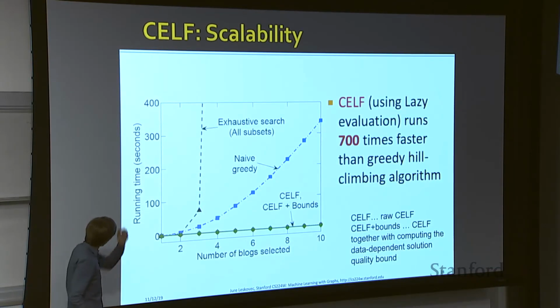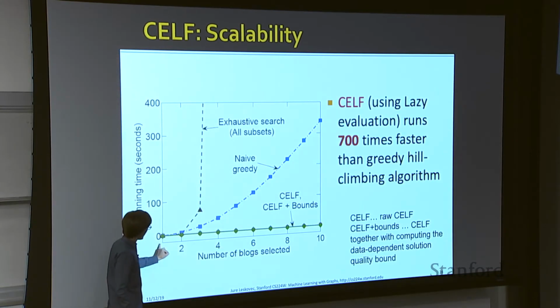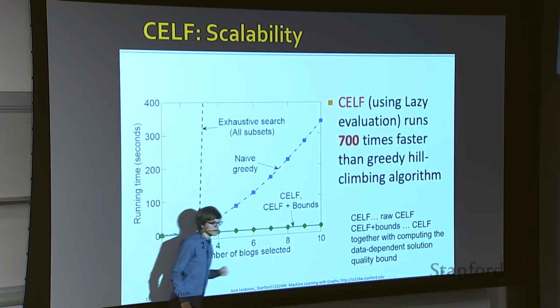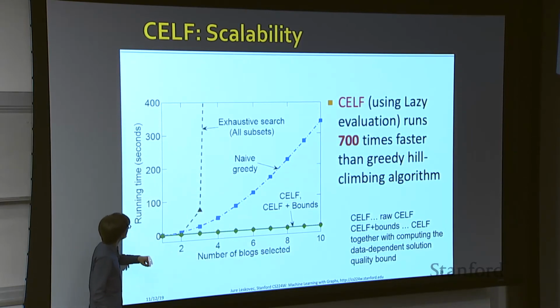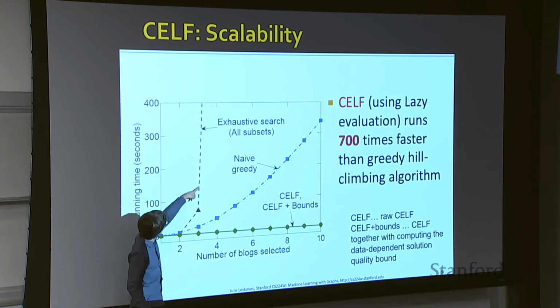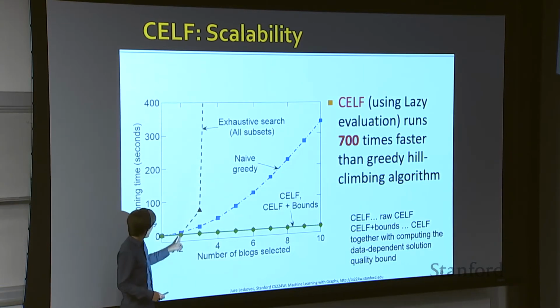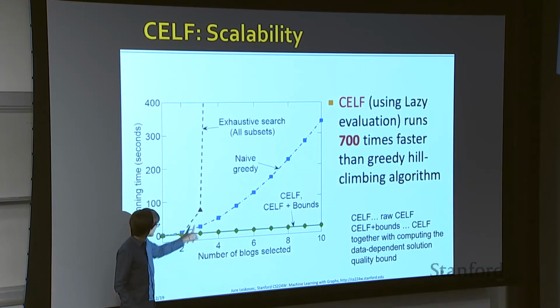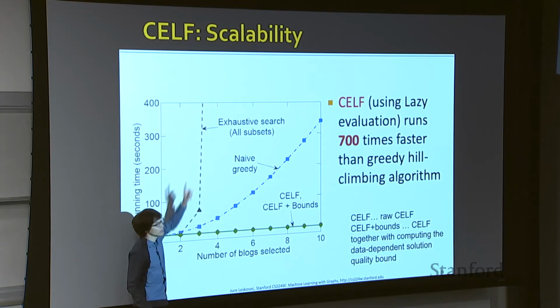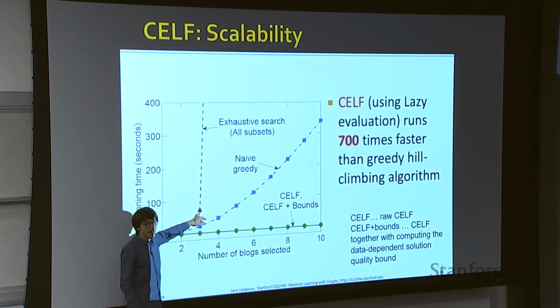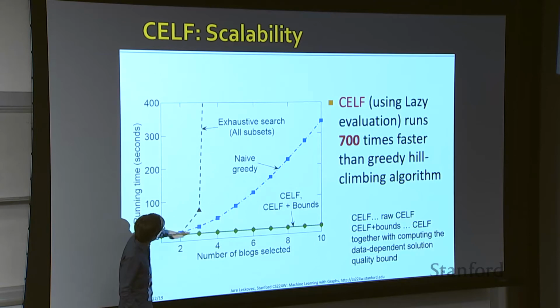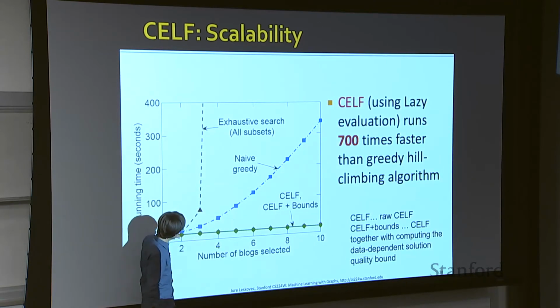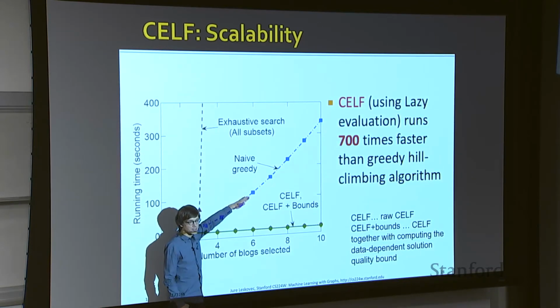So for example, what I try to show here is the number of blocks or sensors we place versus time. This is exponential growth if you say, let me try all pairs of sensors, all triples of sensors, all quadruples of sensors, right? You can never do that. This is now the naive greedy, and you see that essentially it's scaling quadratically.